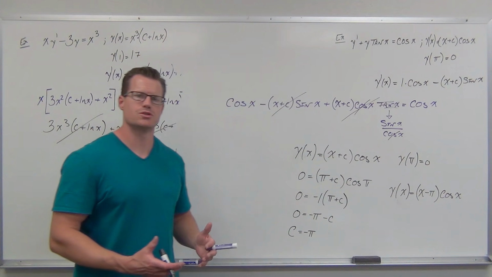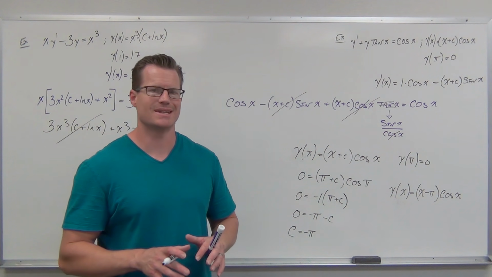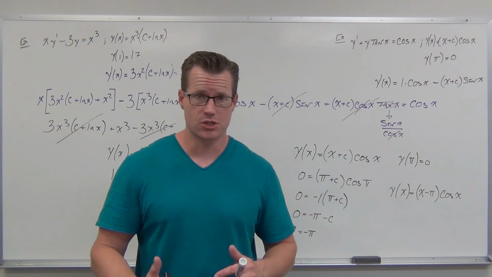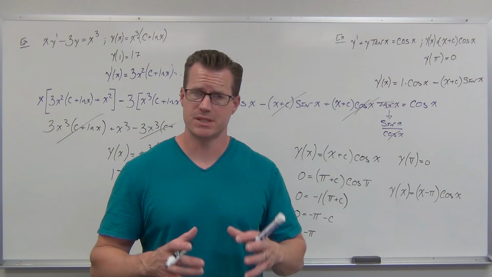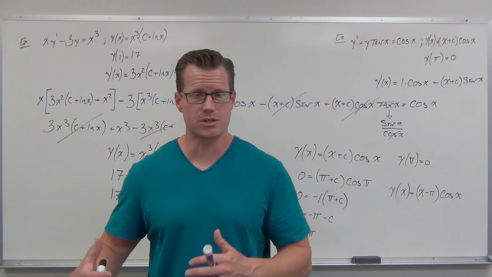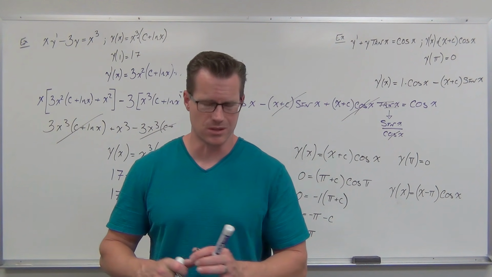We get a particular solution to our differential equation. I hope this is making sense. That's about as much as I want to show you on how to find particular solutions given some initial conditions, some initial value problems is what they typically call those.